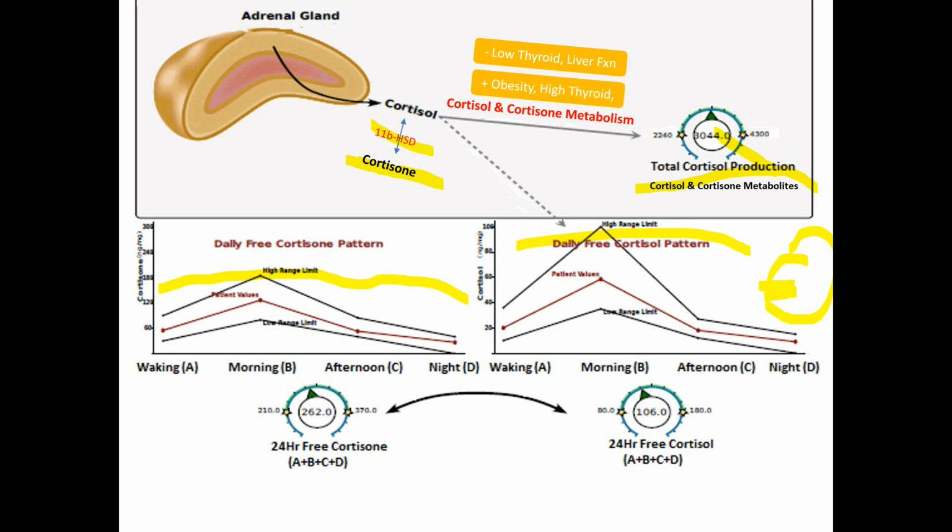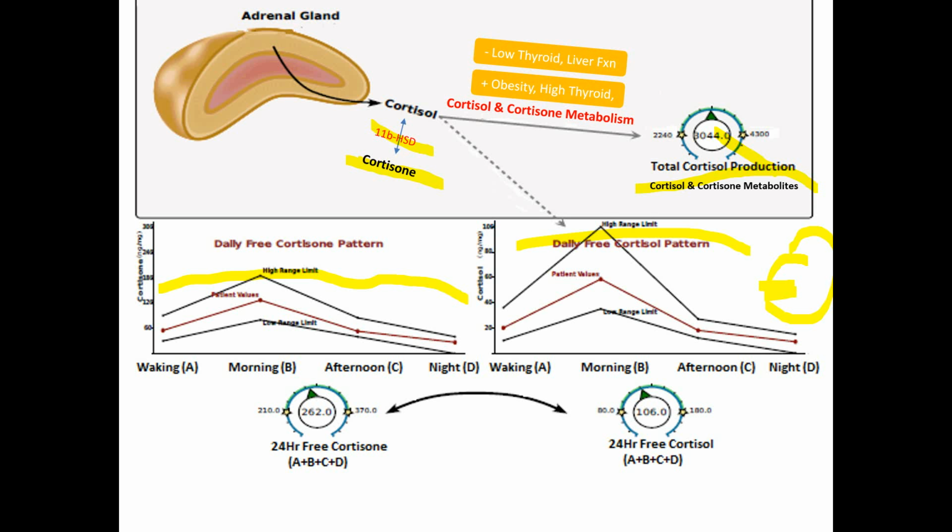If we've got excess cortisol clearance, like obesity is a good example of situations where oftentimes you'll see low free cortisol and elevated metabolites. That's the type of picture you can get in obesity, elevated thyroid, long-term exposure to elevated cortisol, those sorts of situations. But again, with this case, it's kind of a high across the board picture, and we need to confirm that, and then maybe think about what's causing that and what's driving that.